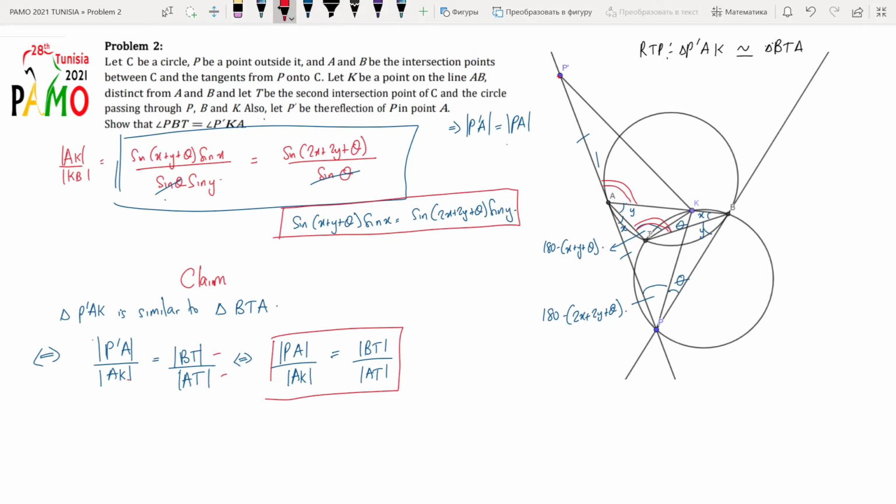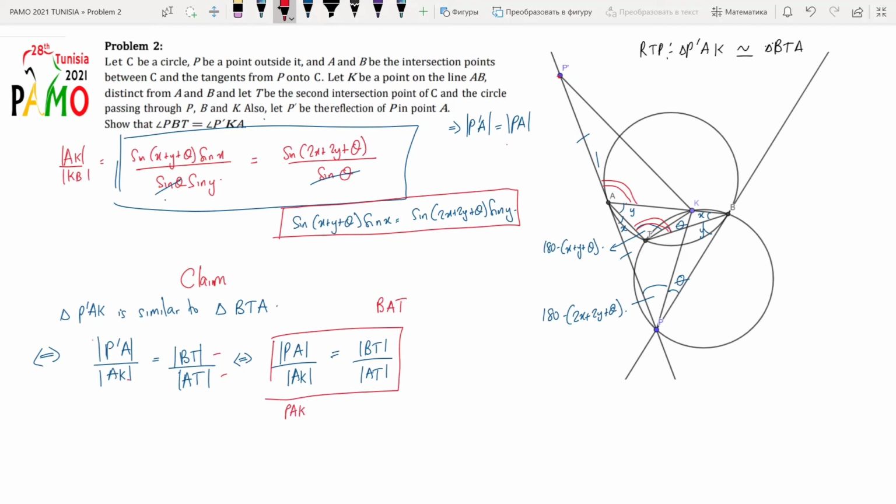PT over AT. Okay, so now you see that triangle side lengths PT and AT are part of a bigger triangle PAT or BAT. And these side lengths PA and AK are part of a bigger triangle PAK. So you can actually just use sine rule to find PA over AK, and then use sine rule to find PT over AT.